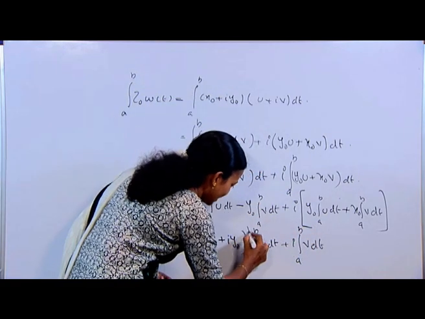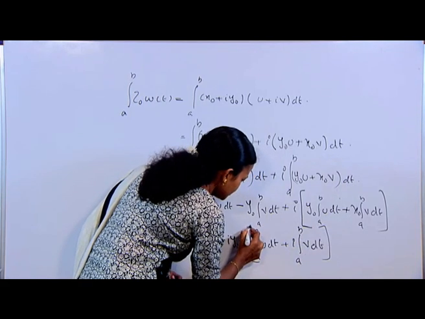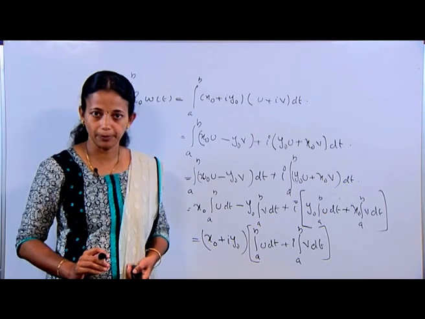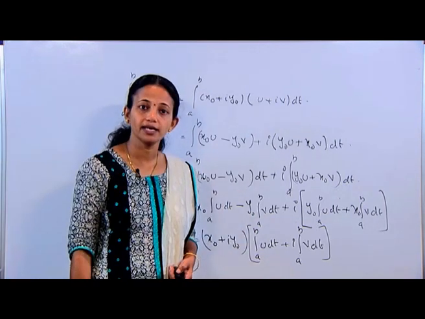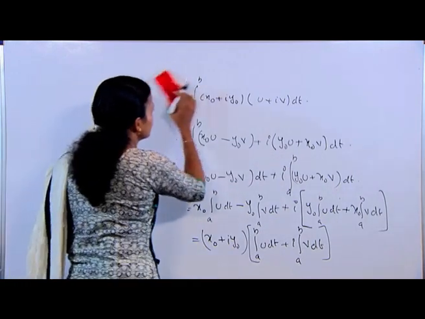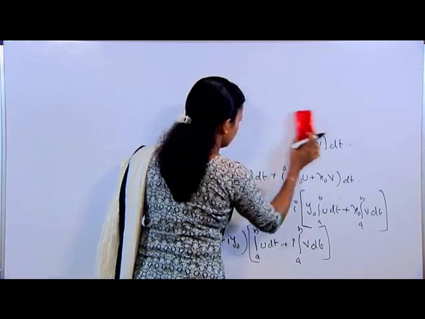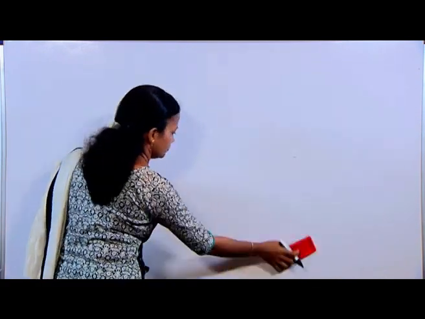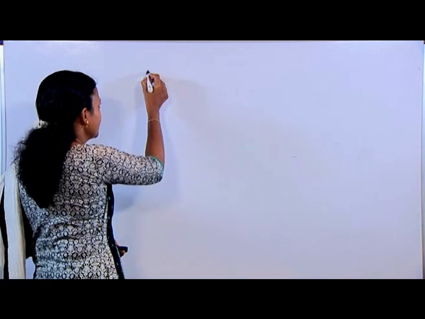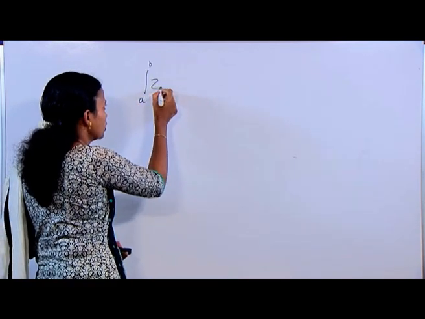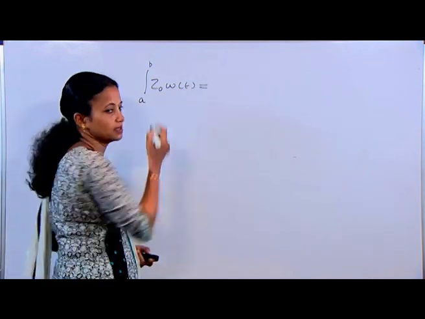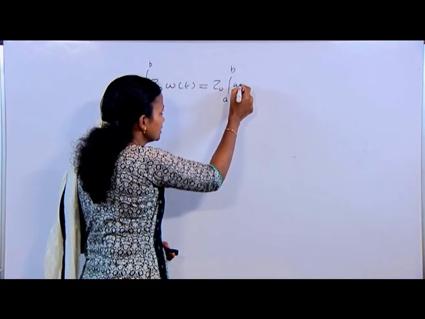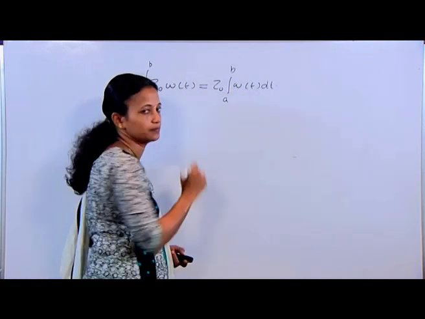Now, you put a bracket here, that is x naught plus i y naught into integral a to b u dt plus i into integral a to b v dt. Hence, we can say integral a to b z naught w of t is equal to z naught into integral a to b w of t dt.